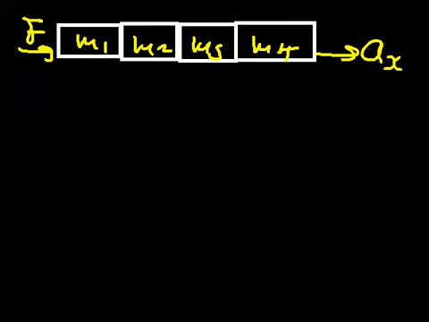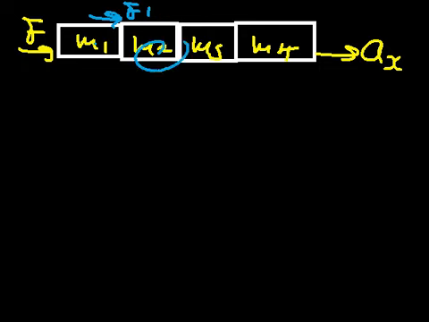Now let's analyze the force systems for the system of contact bodies as we have it here. The mass M1 is going to exert a force onto the mass M2, given as F1.